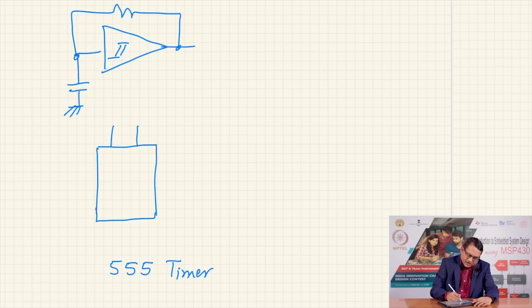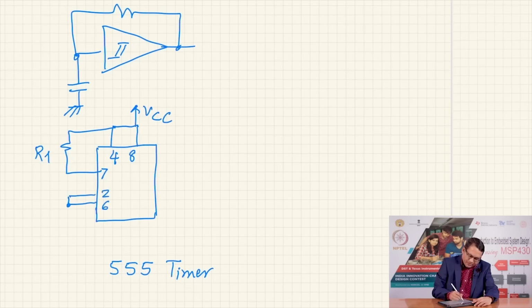It's an 8-pin IC. You connect pins 4 and 8 to VCC. Then you have pin number 7, you connect a resistor R1, and then pins 2 and 6, you short them, and you have another resistor, this is R2, and from here you put a capacitor to ground.